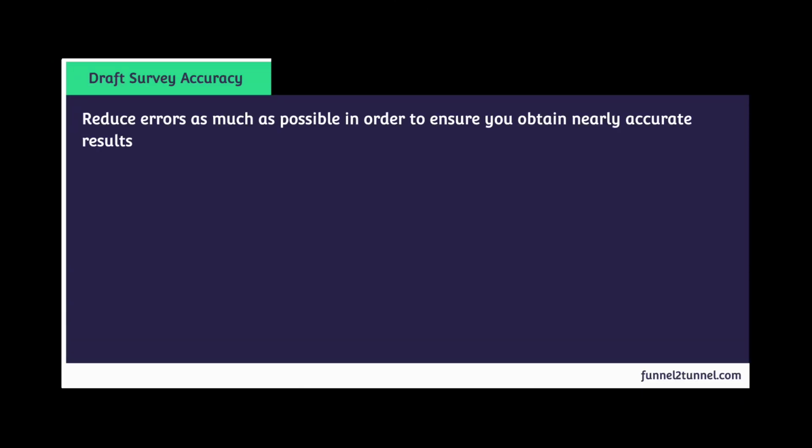So, what is important to note is that efforts shall be made to ensure that errors are reduced and an accurate draft survey is executed. A slight degree of error, if not identified and accounted for, could lead to varying results. This in turn could lead to issues, particularly where an expensive cargo is involved.